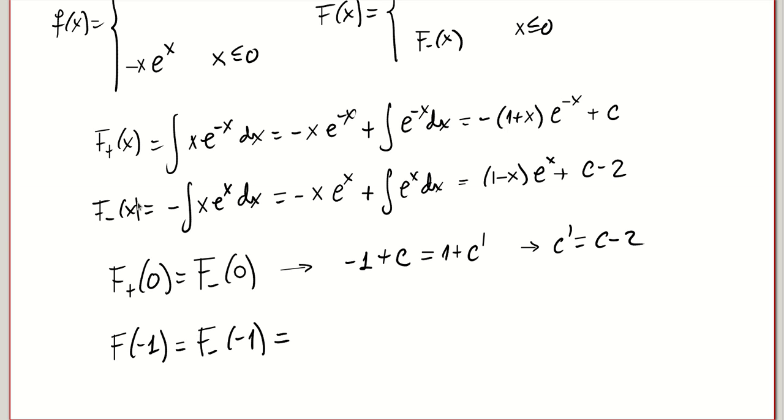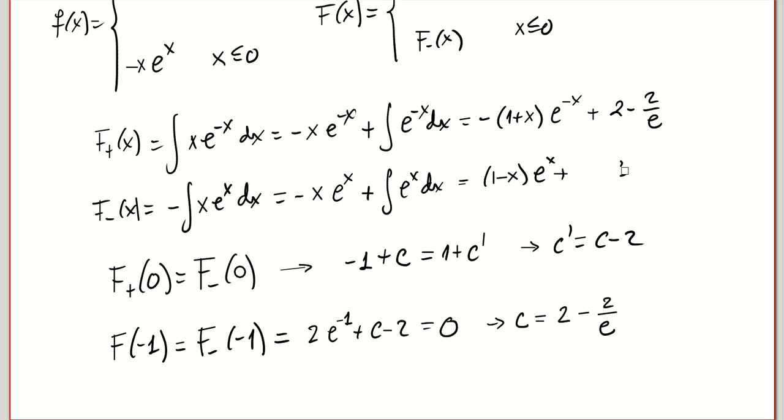Because in the negative side, this is what the function is defined as. So we substitute here, and then we have, for minus 1, we have 2 e^(-1) plus c minus 2. And that must be 0, which means c is equal to 2 minus 2 divided by e. So we put it here, 2 minus 2 divided by e, and here we do the same, we substitute this and we get just minus 2 divided by e.